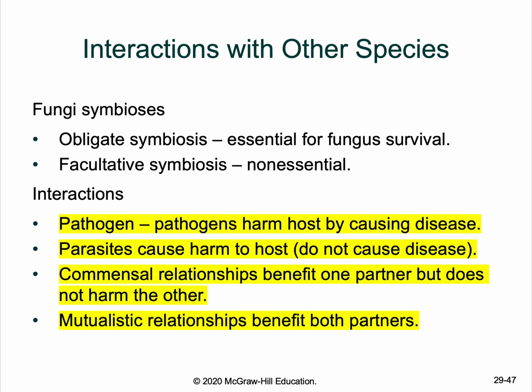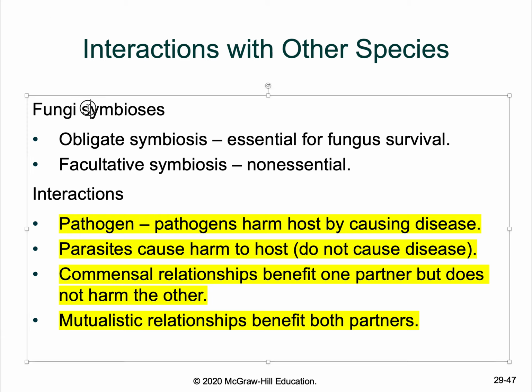We had also mentioned earlier, and I think it comes up again in a little bit, some of the interactions they have with other species. When you see this word symbiosis, those are symbiotic relationships, and so there's mutualism, which is both benefit. There's commensalism, where one benefits and the other one is not affected. There's parasitic. Am I missing any?